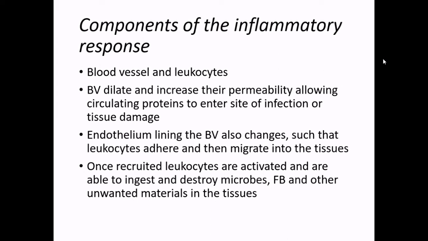And then the endothelium lining the blood vessels also changes such that the circulating leukocytes adhere and then migrate into the tissues. And then the leukocytes, once recruited, are activated and acquire the ability to ingest and then destroy the microbes and the dead cells, as well as the foreign bodies and other unwanted materials in the tissues.